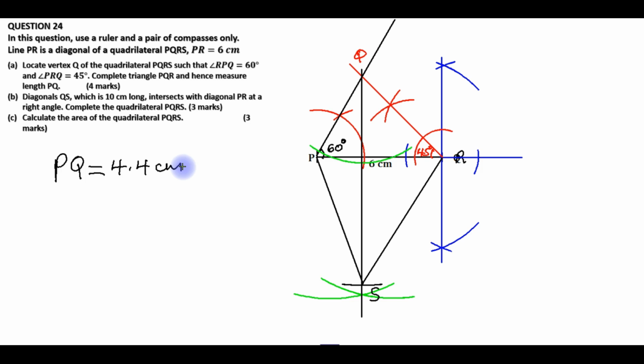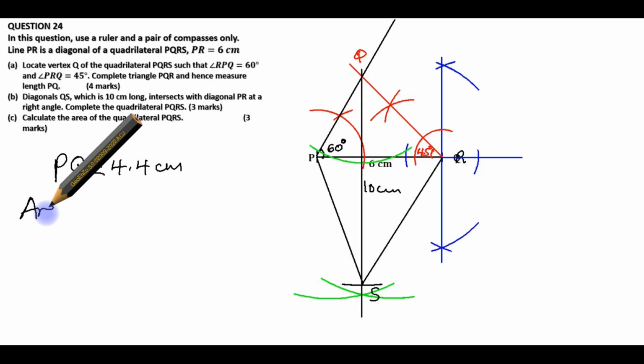Then the other value we are going to get, QS was actually 10 centimeters, that's why I've just written it there. So that is PQ, and then we have completed the quadrilateral and it can be seen. Then calculate the area of quadrilateral PQRS.